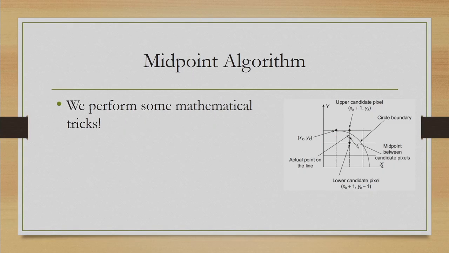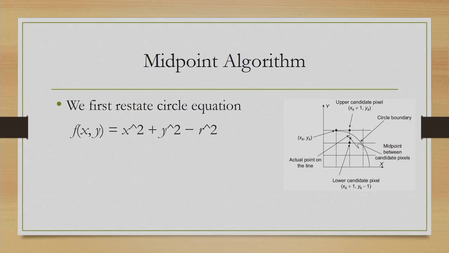Again we go for some mathematical trick. Now, the circle equation we can reorganize in this way: f x y equal to x square plus y square minus r square. This is the circle equation, we can restate in this way.